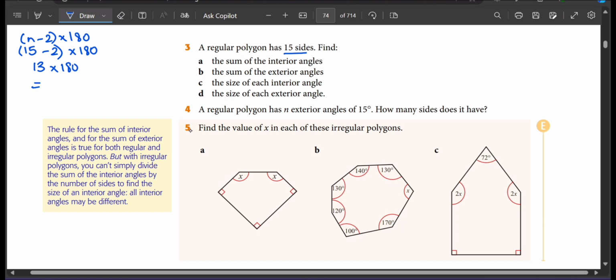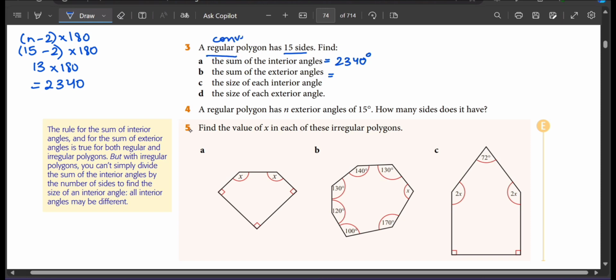The sum of the exterior angles. We all know that the sum of the exterior angles of a regular polygon, or a convex regular polygon, is 360 degrees, no matter how many sides. These sides do not matter.